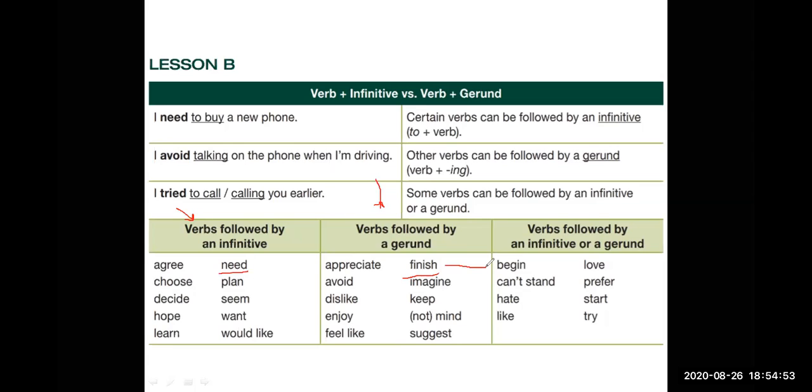In that case, you are not using infinitive or gerund. No, yo voy a comer, and that's it. We don't change anything. But in English, yes, you have to change something. Why? I don't know. Understand? Yes.